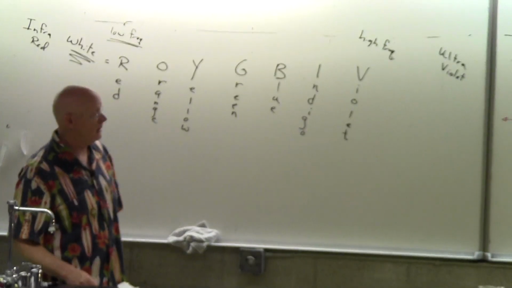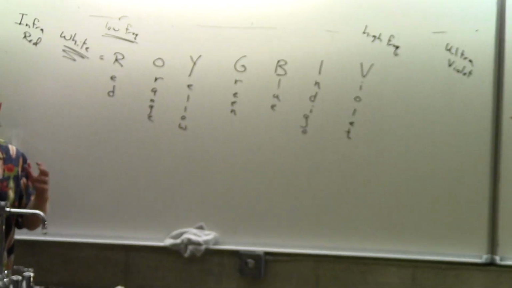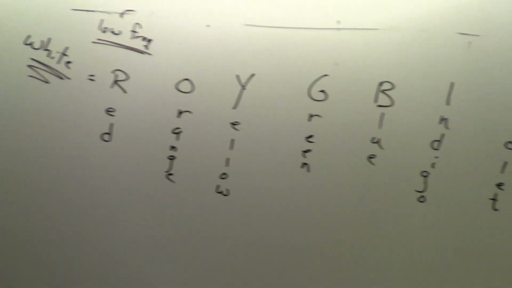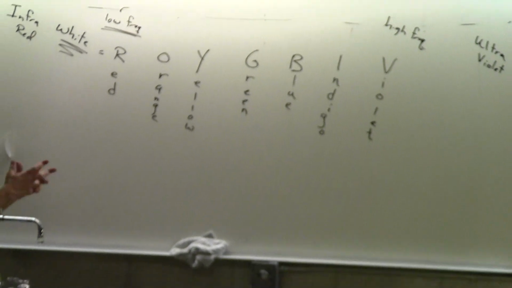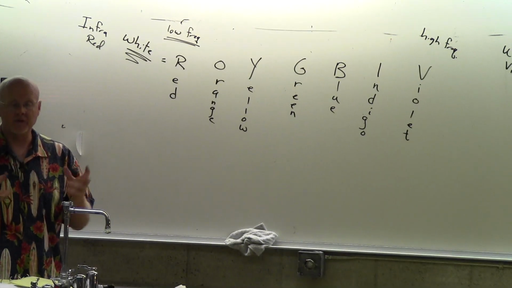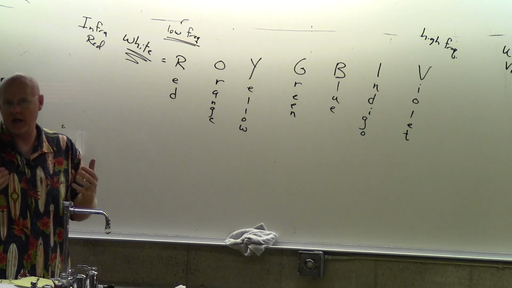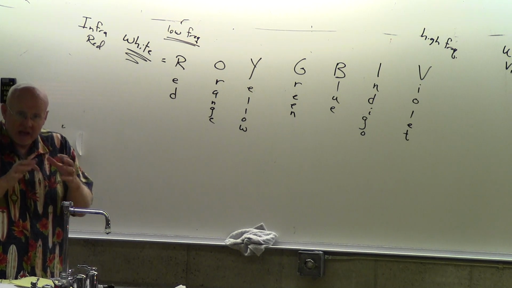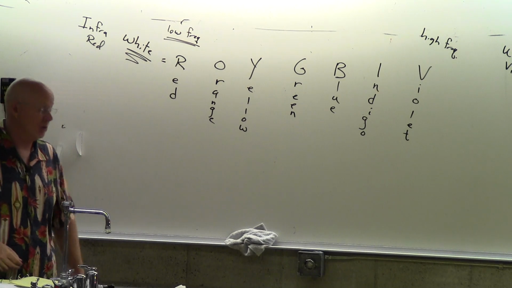And so we like to just say, hey, the spectrum is a famous person called Roy G. Biv. And so it's a good name and an acronym to try to remember what are the colors of the rainbow. And that's what a rainbow is doing. And we're going to talk about that in the next chapter. A rainbow then separates out the white light so you can see the individual colors.